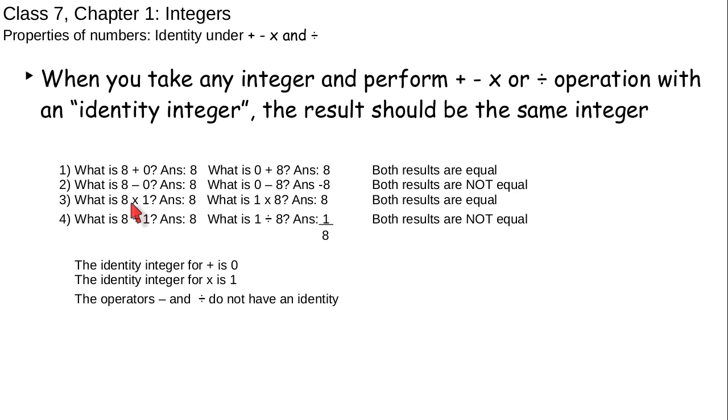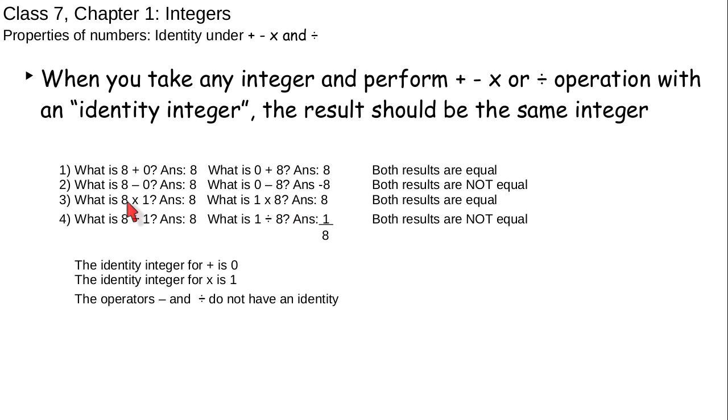How about multiplication? In the case of multiplication, if you multiply an integer with 1 and you change the sequence of multiplication, that means you multiply 1 with any integer, the result will still remain the same. That means both results are equal, and they are equal to the original integer that you had picked.